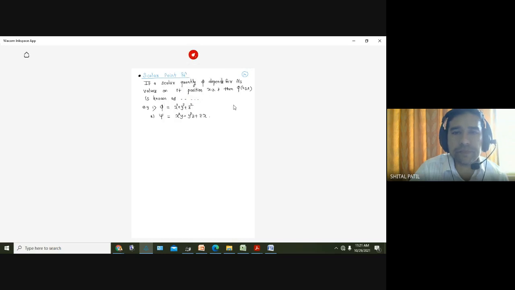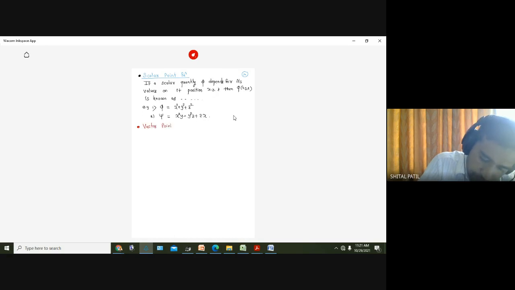Next. Vector point function. If a vector quantity f bar depends for its values on its position x, y, z, then f bar of x, y, z is known as vector point function.